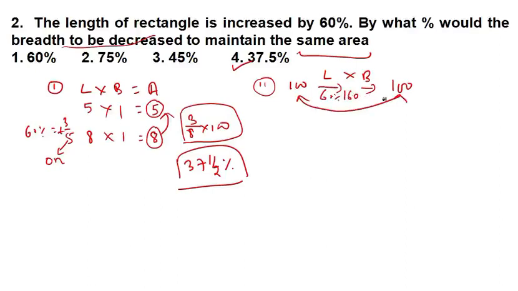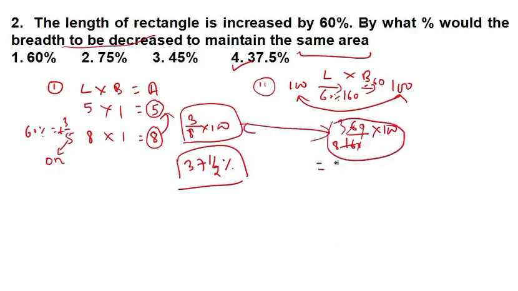Now to maintain the same area I want 100, so the breadth has to be reduced by 60. Then I minus 60 from 160 to get the percentage. Again I get the same answer, 37 1 by 2 percent.